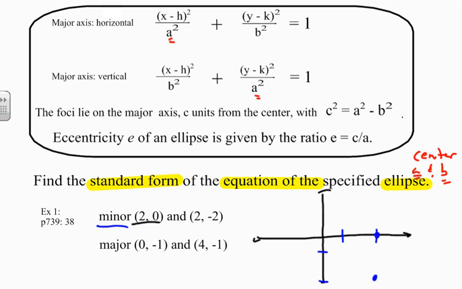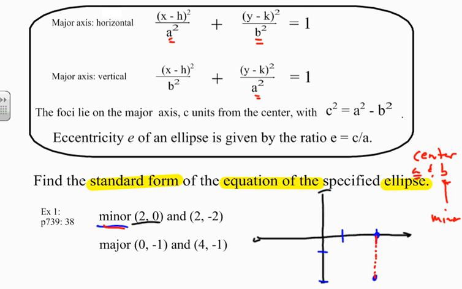In this case, we have a minor axis, and when we write this, we can see that this minor axis goes vertically. So since we have a vertical minor axis, our b value, which is associated with the minor, is going to be underneath the y value because y is the vertical variable.